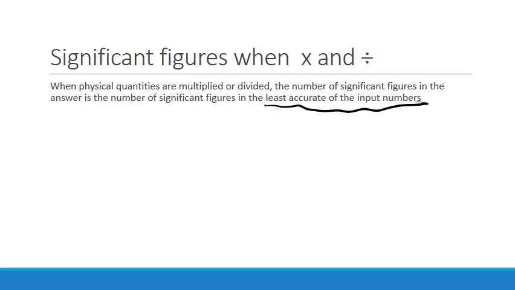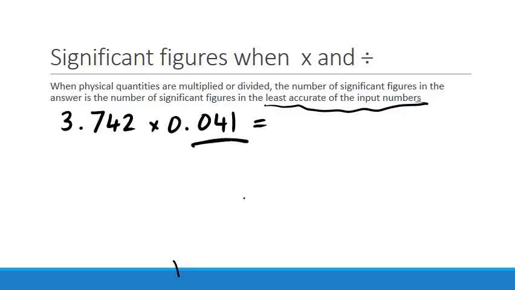For example, if we needed to multiply 3.742 by 0.41, we would need to write the answer as 2 significant figures because this one, the least accurate one, only has 2 significant figures. So the answer would be 0.15, whereas if you type that into your calculator, it'll say 0.153422, which is not the correct number of significant figures.